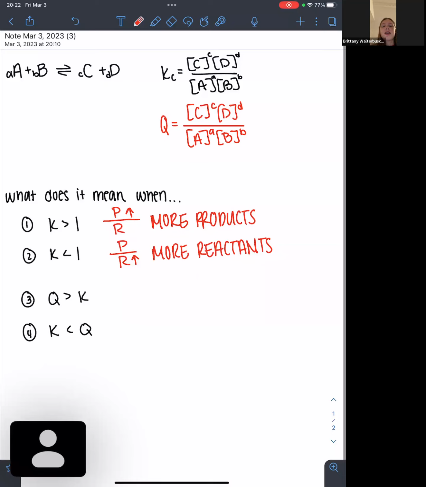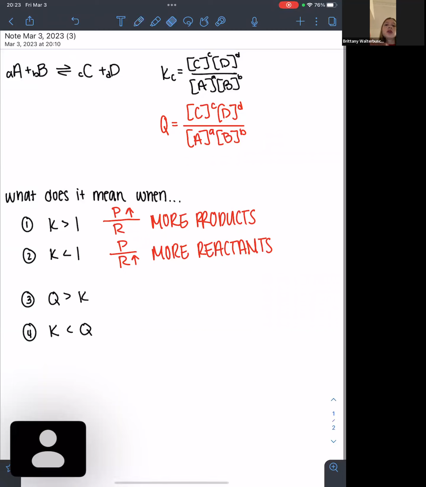So say I had, for some reason, a lot of products, and at equilibrium maybe we have a K value less than 1, so then we need to make more reactants. So this Q is just showing that at the moment, maybe the first few seconds of a reaction, we have a lot of products, but then we're going to shift to form more reactants in order to get to that K value, to that equilibrium.